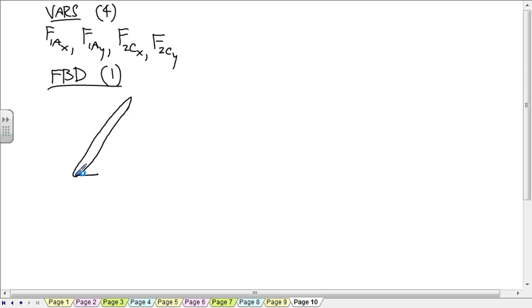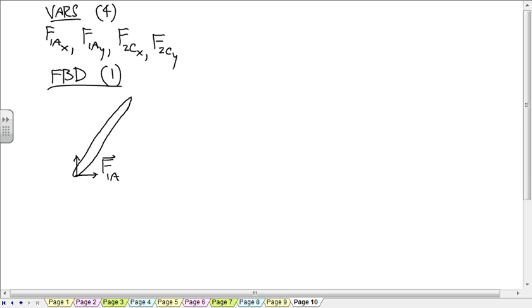Well, we still have the force applied to body 1 by pin A. But now we have to think a little more carefully about what's going on at the top here. What about that 500 Newton force? Is that applied to member 1? Well, no, that's applied to the pin itself. So that's not going to appear here.